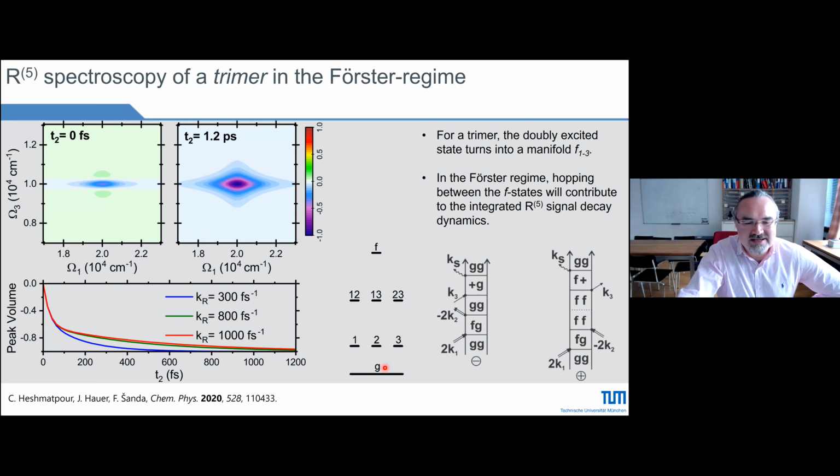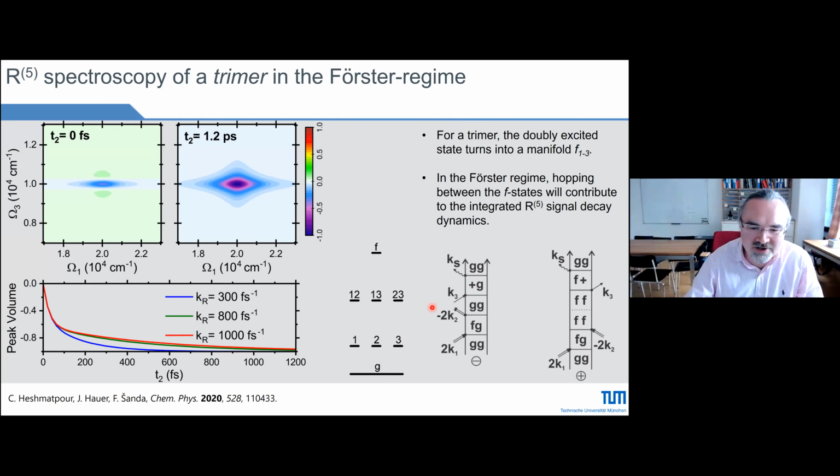So obviously, as you can see here, our integrated signal, so the total peak volume, does change depending on this rate that is active only in the first excited manifold. That's a tricky and interesting point. So the diagrams that I've mentioned to you before, they still cancel.